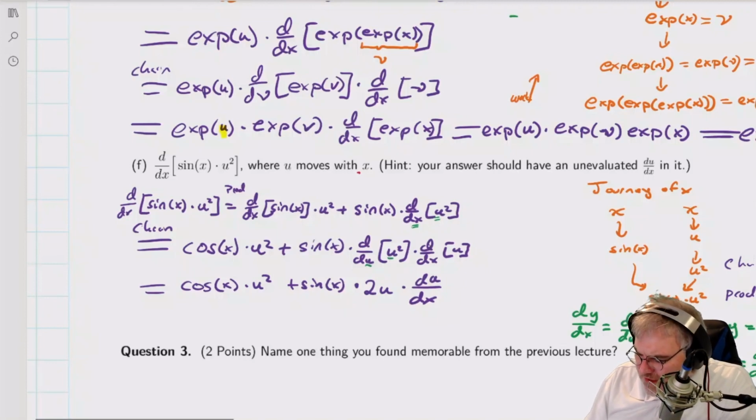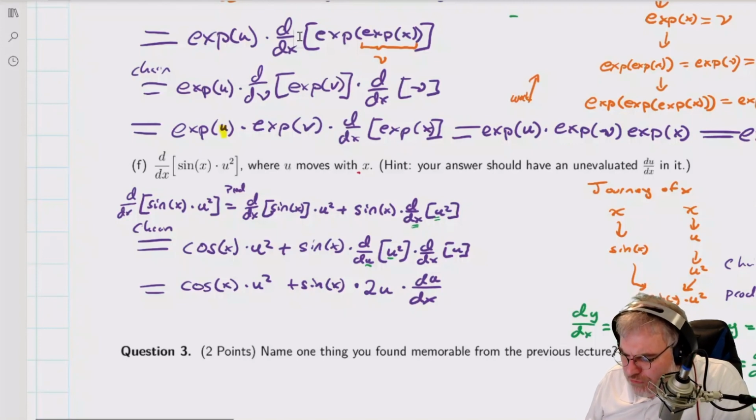And I wind up with a d over dx of u, with a derivative of u just hanging out. So now I take the derivative of this bit, and I wind up with cosine of x, u squared, plus sine of x, times 2u, times du over dx. And I can't do anything with the du over dx, because I don't know it.